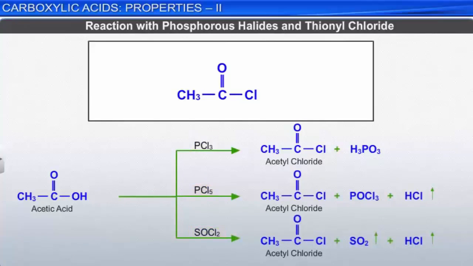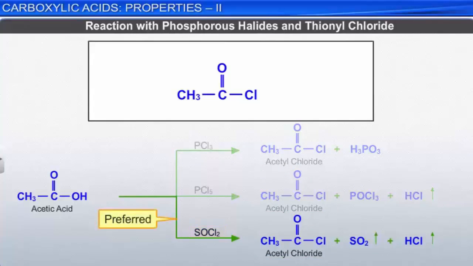Note that although acetyl chloride is the main product in all the three reactions, the byproducts vary. Thionyl chloride is preferred because both the byproducts, sulfur dioxide and hydrogen chloride, being gases, escape the reaction mixture, making the purification of the products easier.